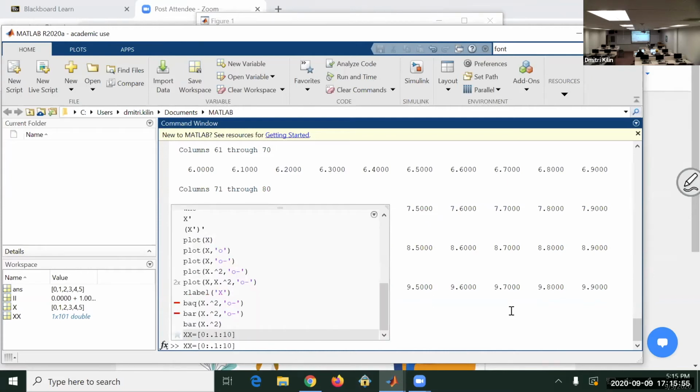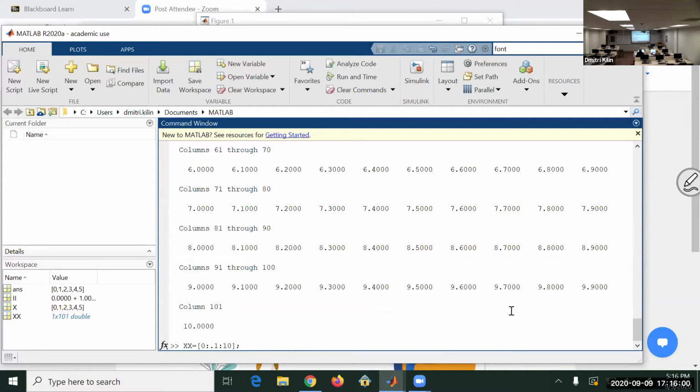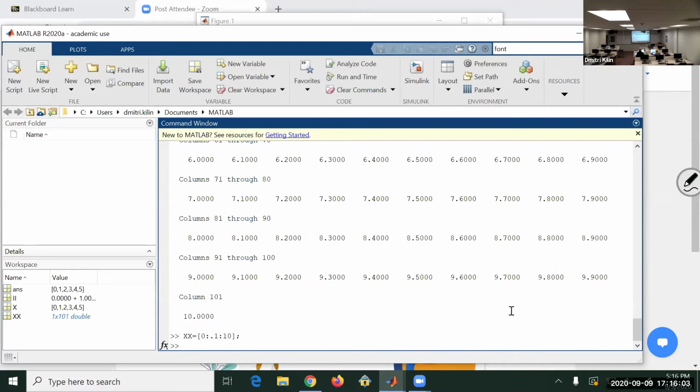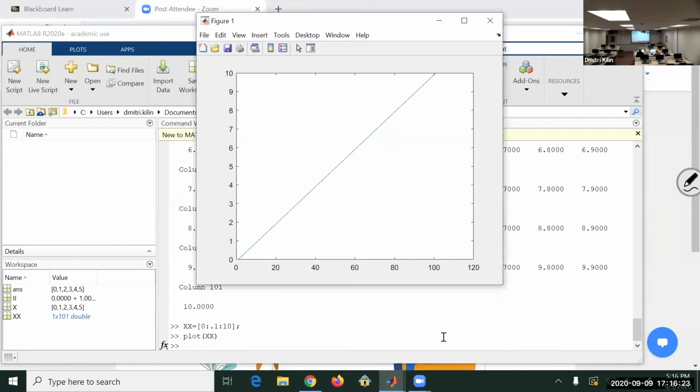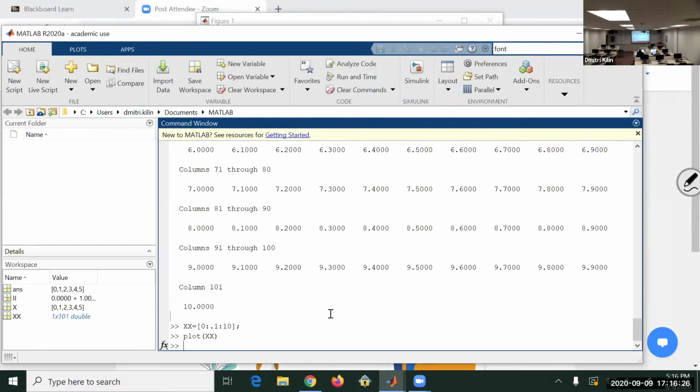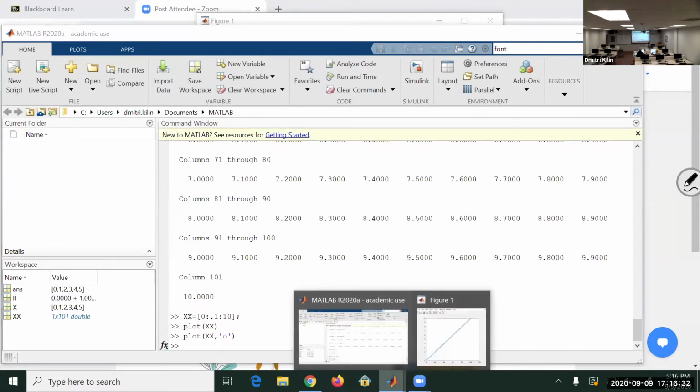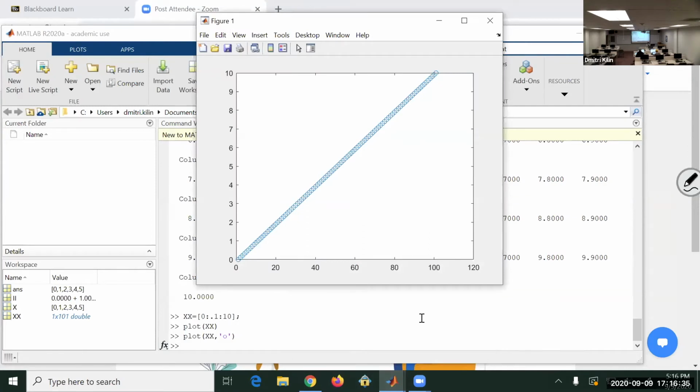And if I'm bored to watch the screen full of garbage results, I put a semicolon at the end. Then it just defines the variable and doesn't test my patience with viewing the garbage. Now, if I do plot xx, it should be going more continuously, so that these circles overlap with each other.